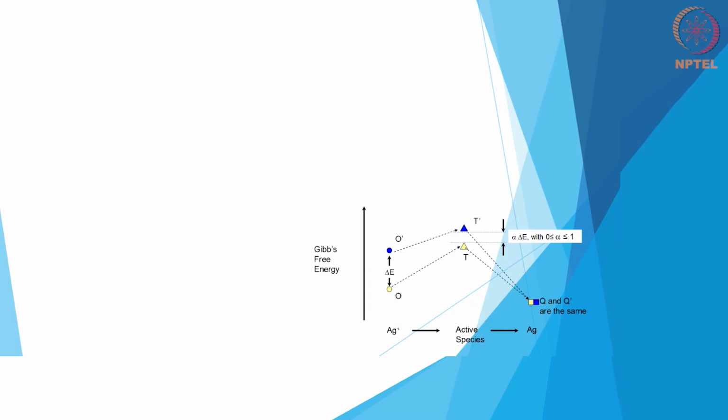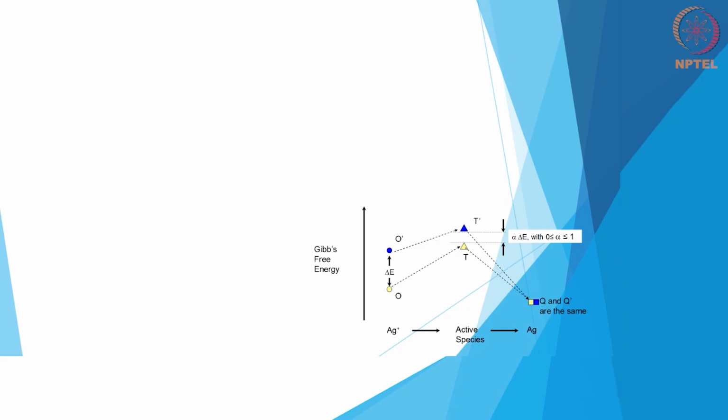In the solution, Ag plus is solvated, and by applying different potential, I can change the Gibbs free energy level of this, and only a fraction of it goes to the transition state. Therefore, part of it facilitates the rate constant, that is, part of it is going to help increase the rate constant. This part is going to remain the same, and when you write the equation for this, you will find that the rate constant is exponentially related to the potential.